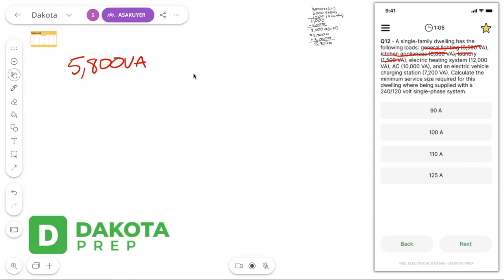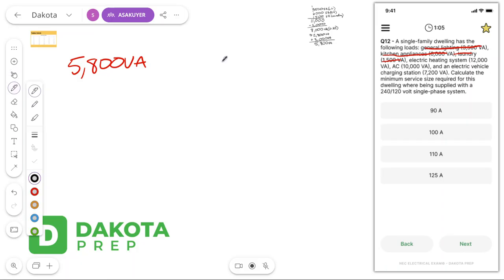But there is another hiccup in the 2023 that says if your AC is not the largest of your non-coincident loads, we have to multiply that by 125%. Okay, it's not the largest of the two. We've got our heating, which is 12, and our AC, which is 10. So 10,000 times 125%, well, that's 12,500, right?